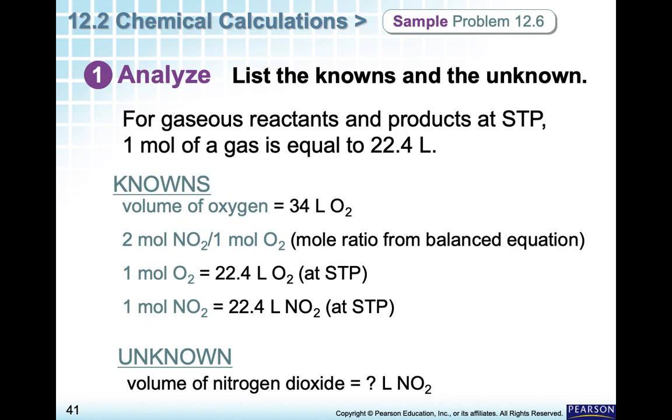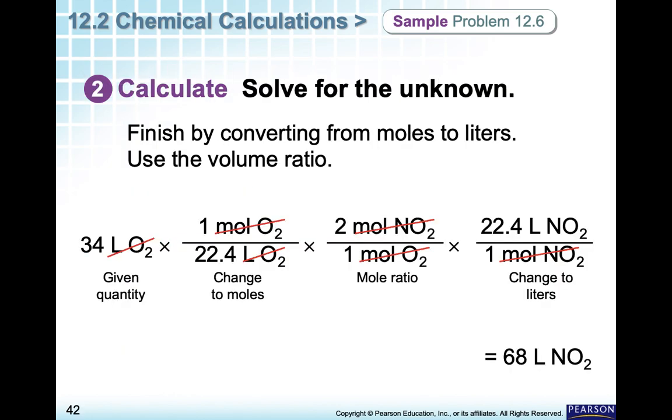This one is kind of actually simple because a lot of things cancel out. In fact, I would put a line through the 22.4 here and the 22.4 here. And then you're just taking this and multiplying it by 2. So pretty straightforward.